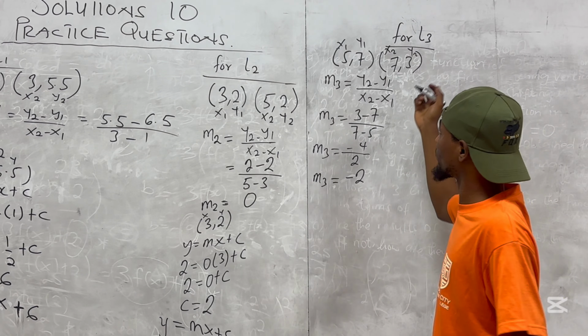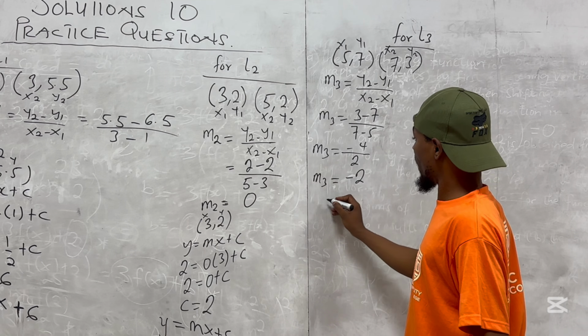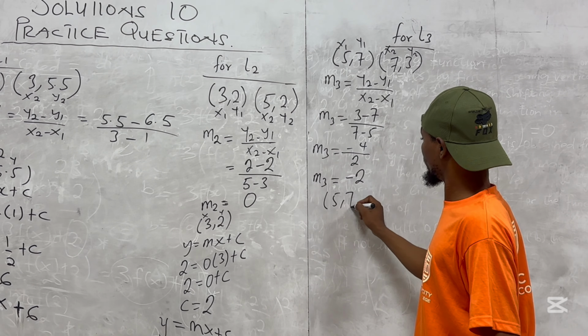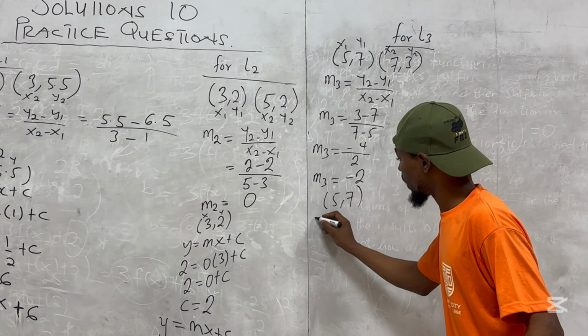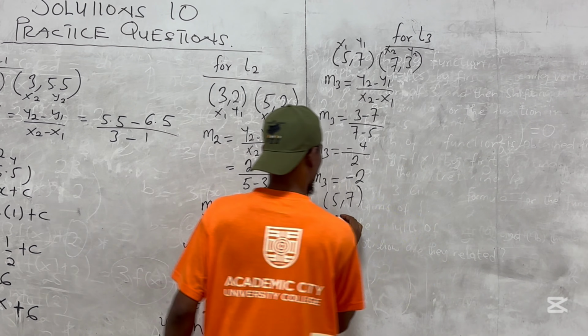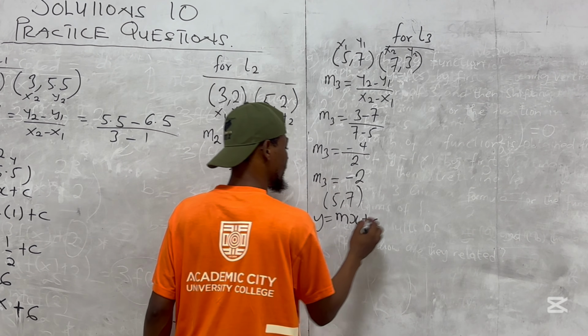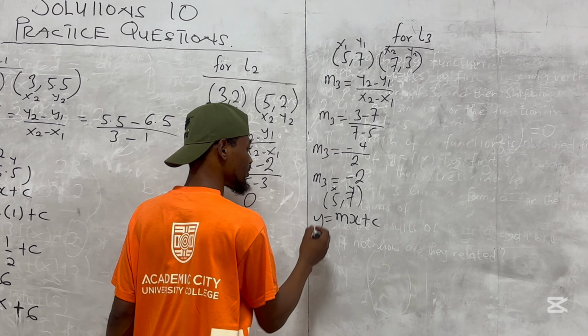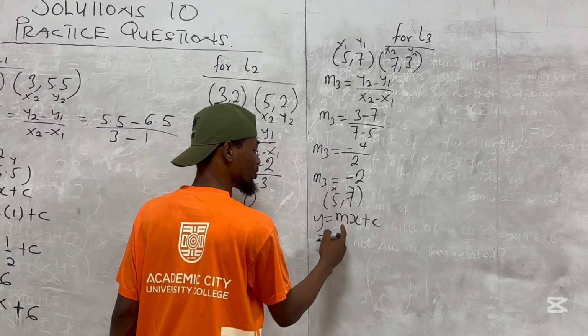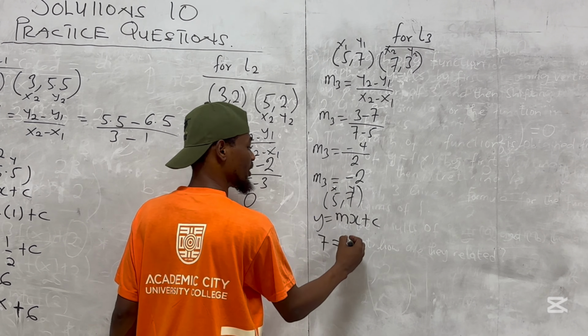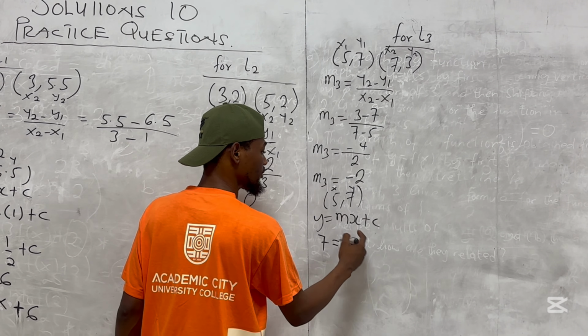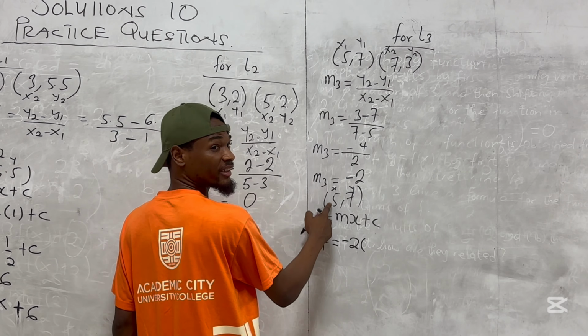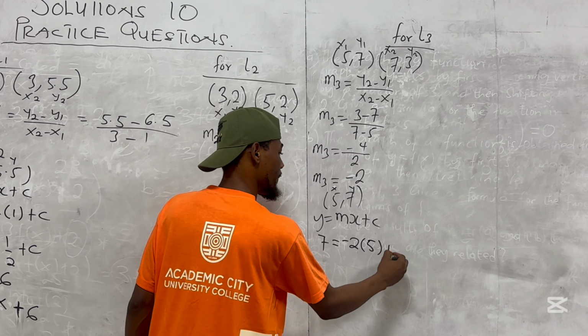So I can decide to take this point or this point. So I'll take the first one. So I have 5, then 7. I know that y is equal to mx plus c. So this is my x and this is my y. So I have 7 is equal to, the gradient is negative 2, then my x is 5, plus c.